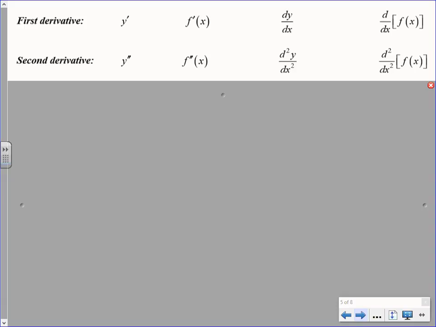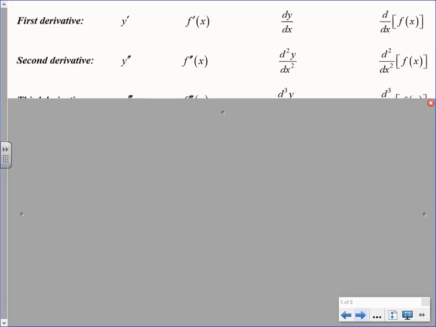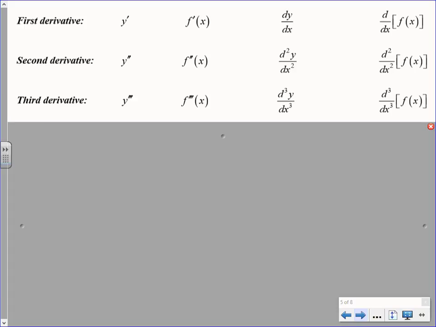Okay. Our third derivative notation looks the same, except we now have 3 tick marks. Y triple prime. The third derivative represents all of the slopes of the second derivative graph. Okay. The second derivative represents the slopes of the first derivative graph.